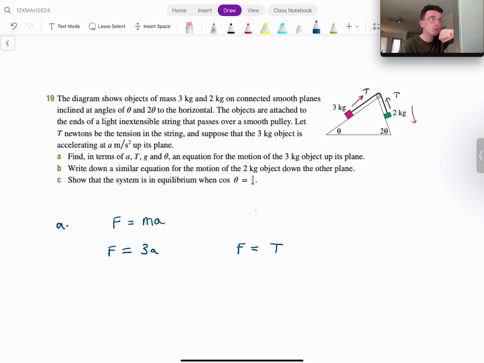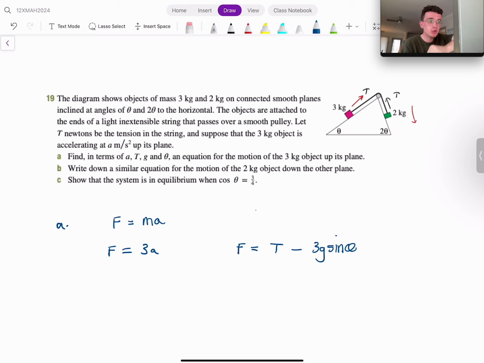The string is pulling the object up, so the force of it going up is equal to the amount of tension in the string. But we're going to take away the component of the force going down the plane, which in the previous question we said is always mg sine theta. So 3g sine theta. So the force that's making it move down the plane is always mg sine theta, and the string is pulling it upwards.